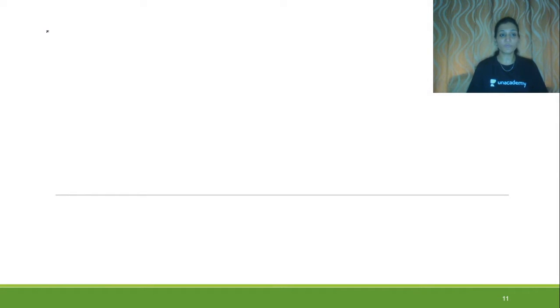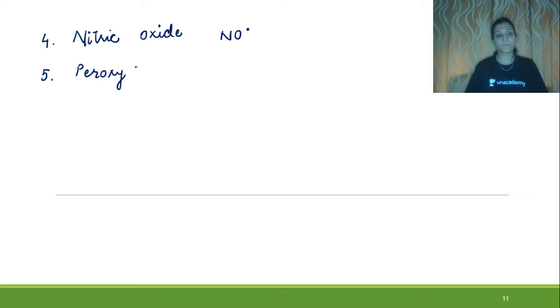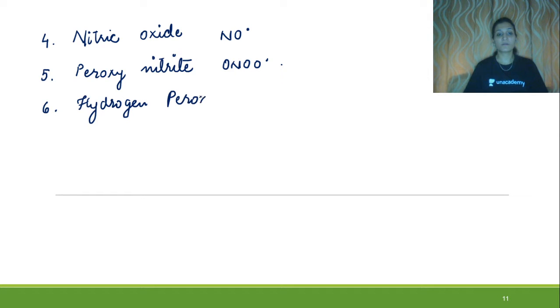There are four more things. The fourth one is nitric oxide, and it is actually NO. The fifth one is peroxynitrite, denoted by ONOO. The sixth one is hydrogen peroxide, denoted by H2O2.